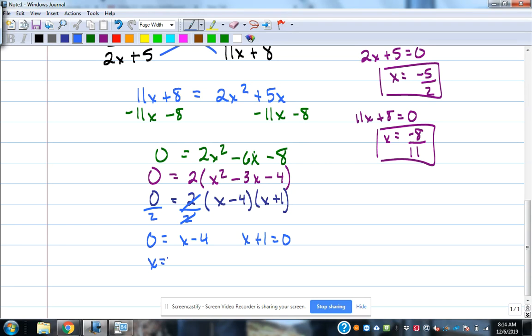Those equal 0, so x equals 4 and negative 1. That doesn't match either of our excluded values, so we keep both of them. Not too bad right here so far. You've done proportions before, so that's where it comes from.